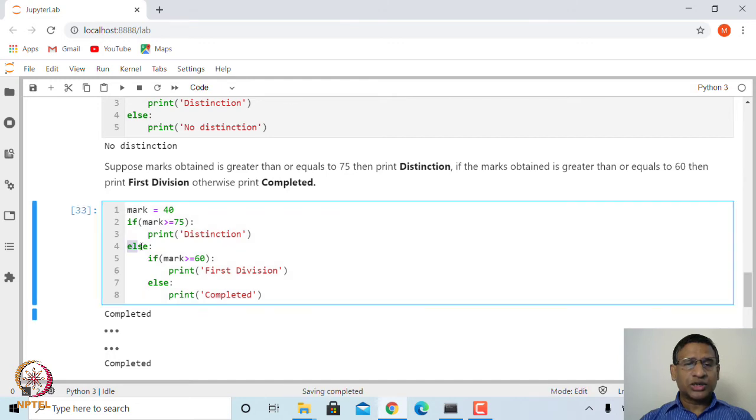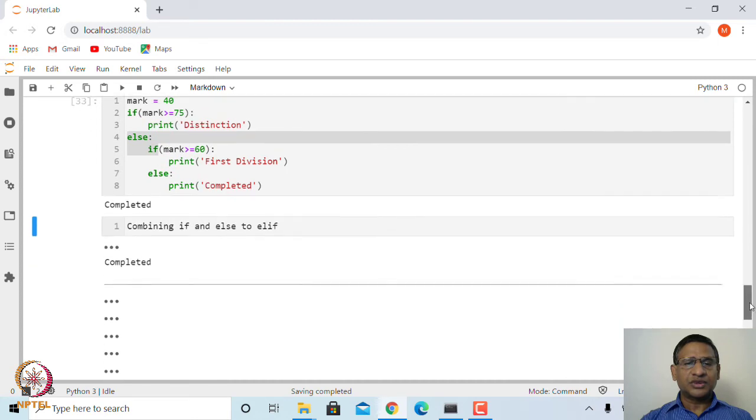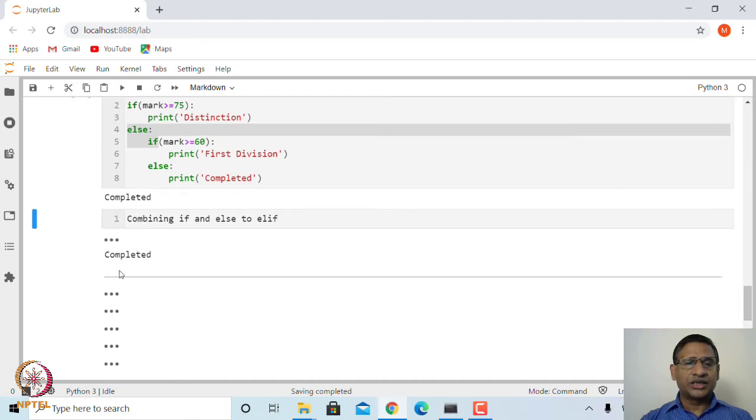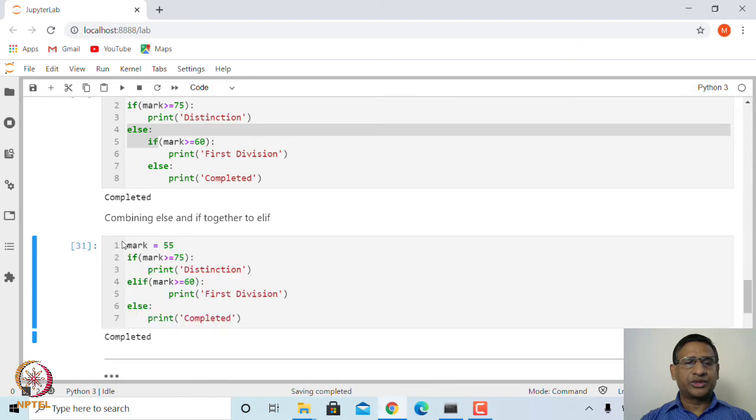Of course, you can also combine if and else together, and you can use elif. Let me show you. You can combine else and if together into elif. So, let me do that.